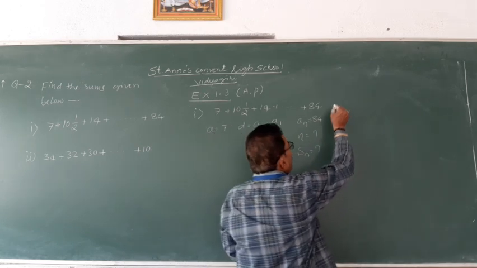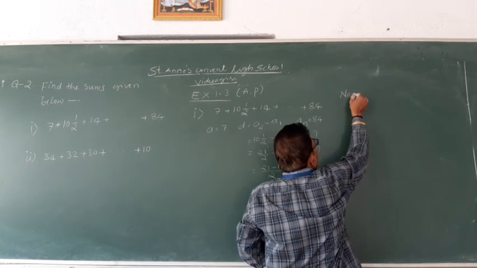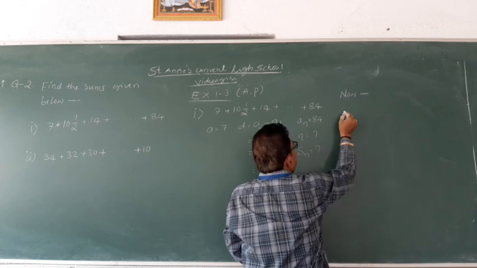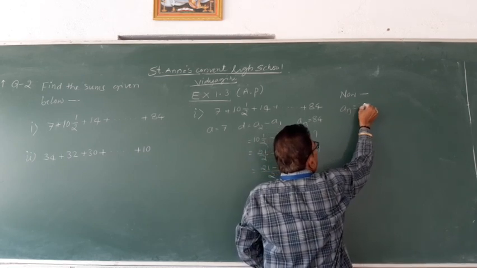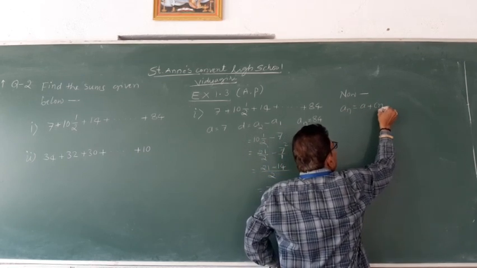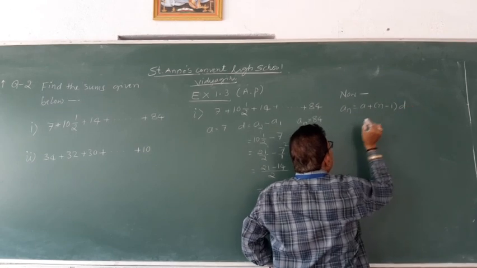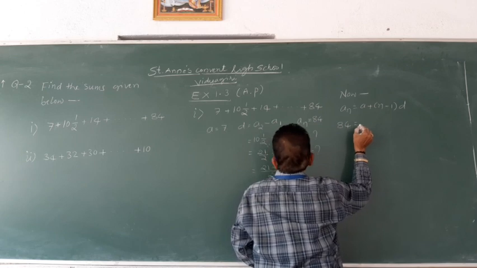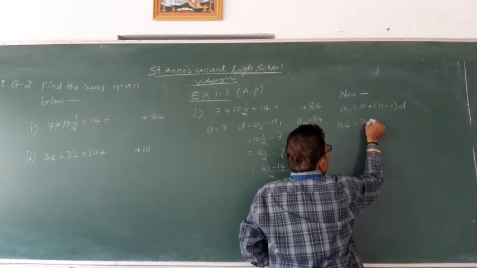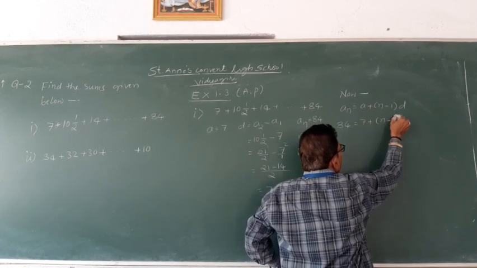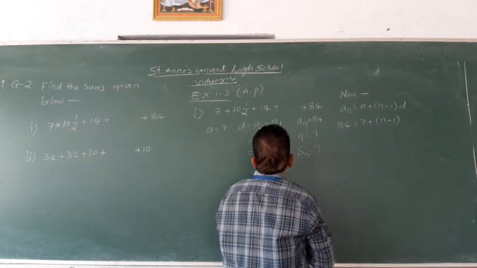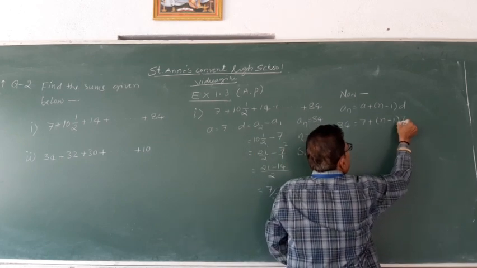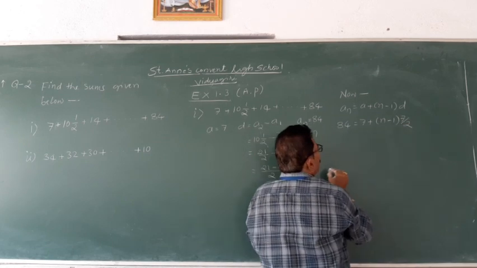Now an equals a plus (n minus 1) into d. 84 equals 7 plus (n minus 1), we do not know n, into d, which is 7 by 2.